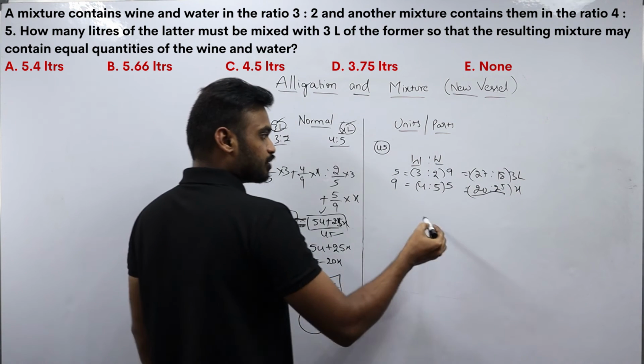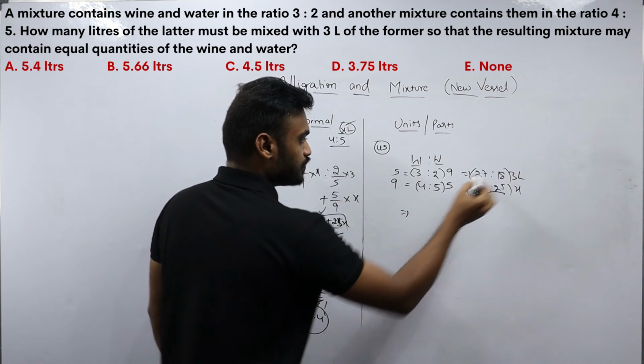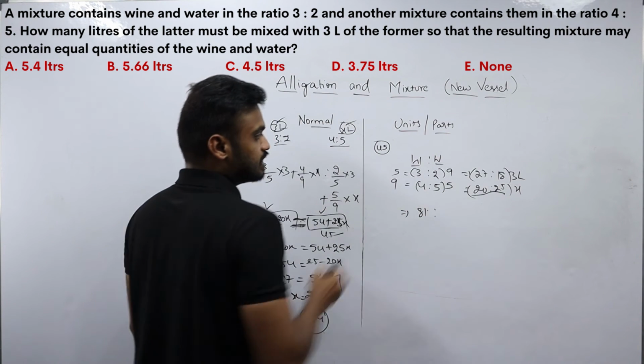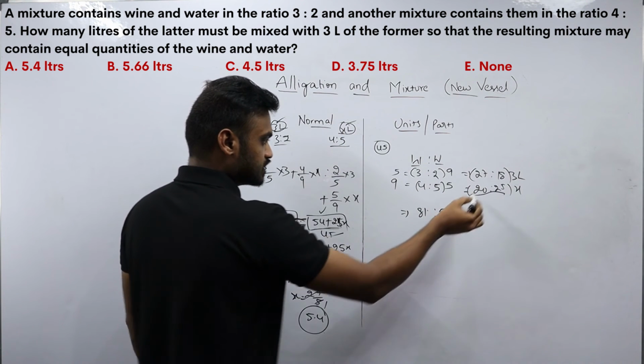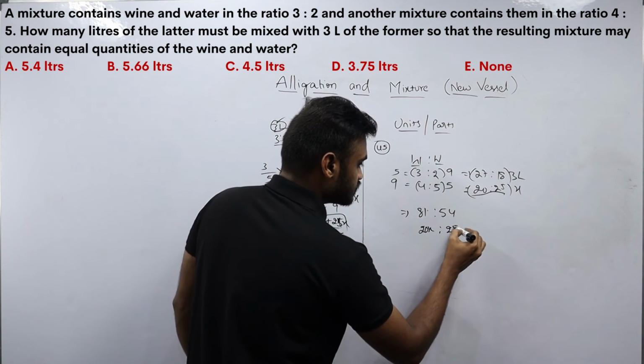Now if I multiply the first ratio with 3 and the second ratio with x, I will get 27 into 3, that is 81, is to 18 3s, 54. In the same way, the second ratio is 20x is to 25x.